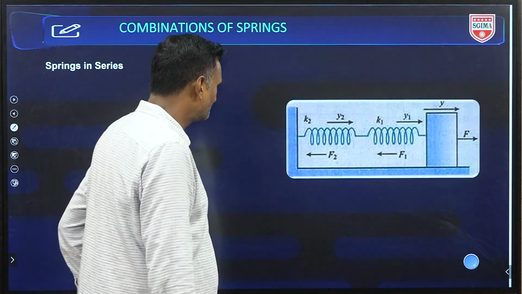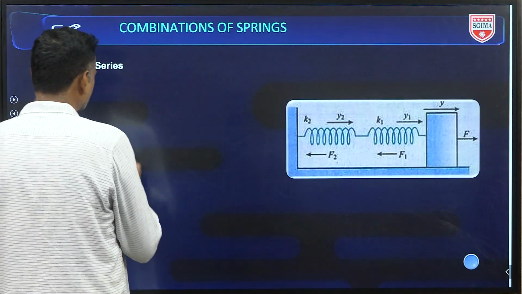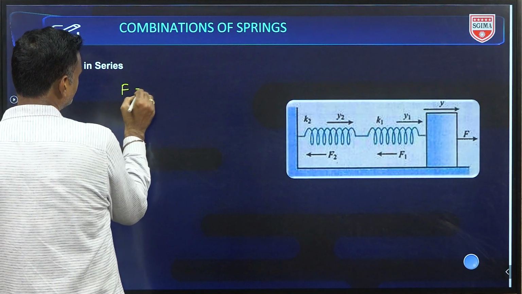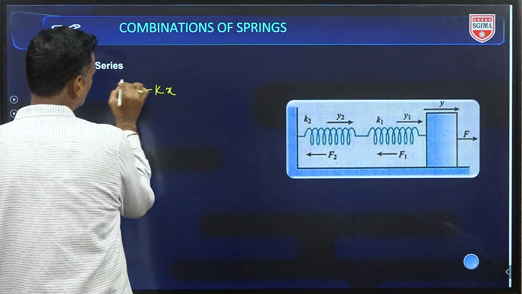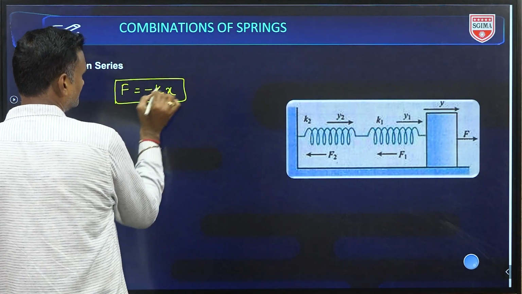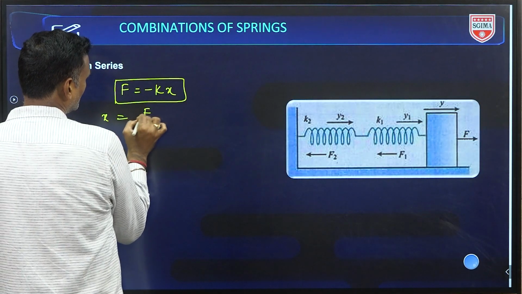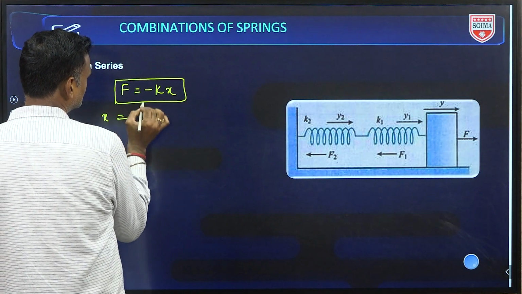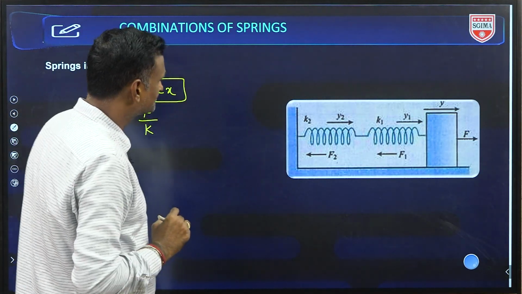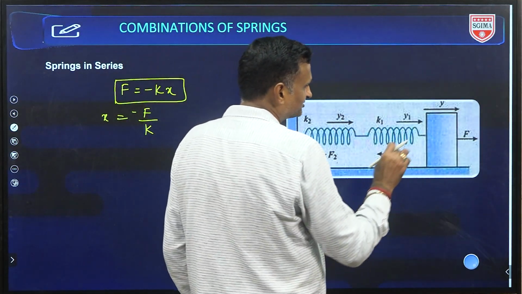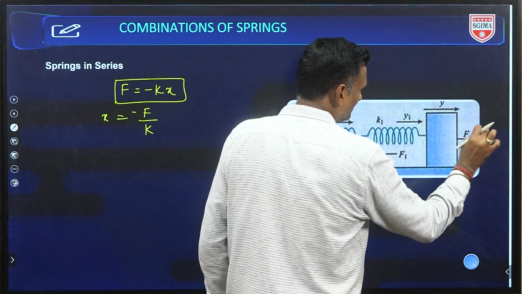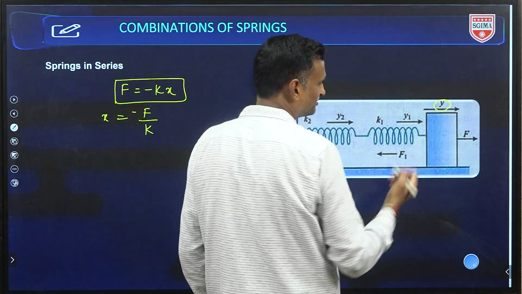From the concept of F equal to Kx, we can write x equal to F by K. Now consider, suppose the block is moved by a distance y, as per the diagram.